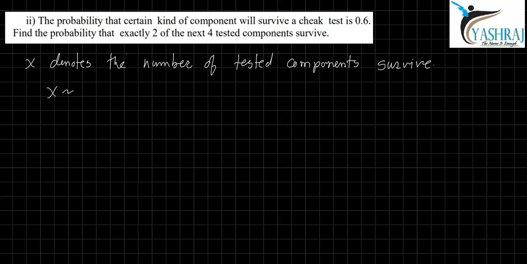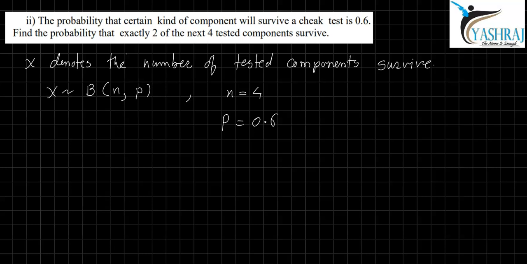Now here X follows the binomial distribution of n comma p. How many components will be tested? 4 components will be tested, and the probability that a component will survive a check test is 0.6.